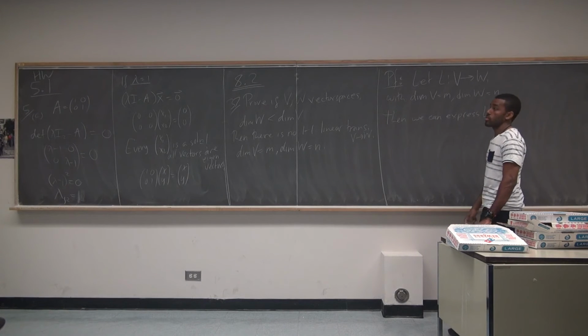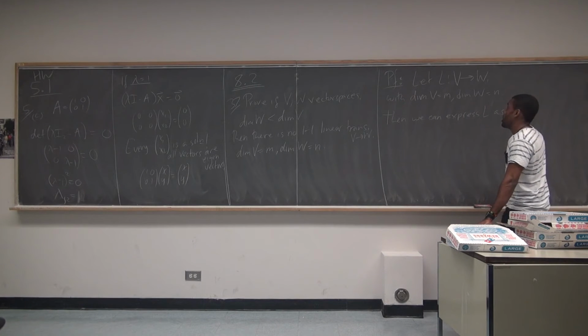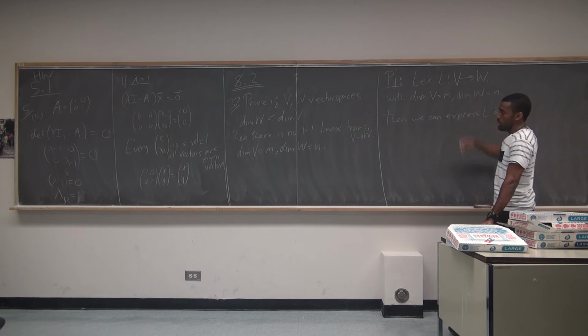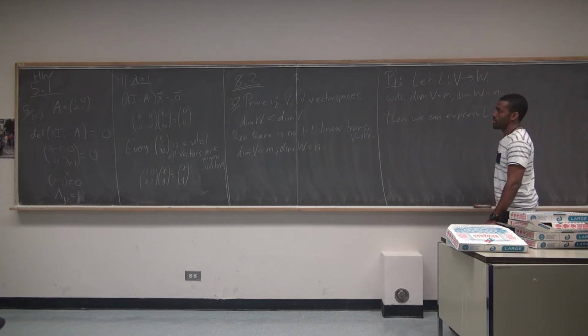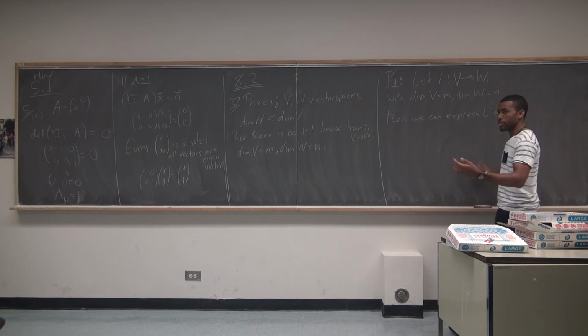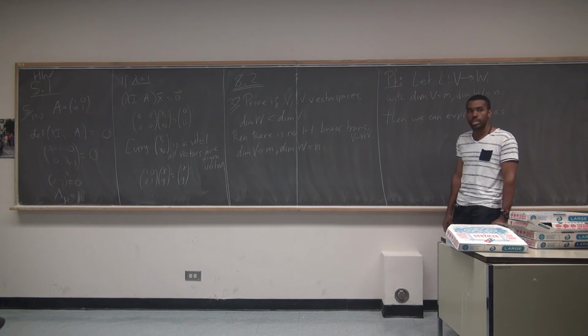R^m to R^n, right? Sure, I can think of this as that, yeah, but how do I write it down? How could I express this? Using a tool that we're very familiar with. Linear. A matrix, right? We can express L as a matrix. What size would the matrix be?